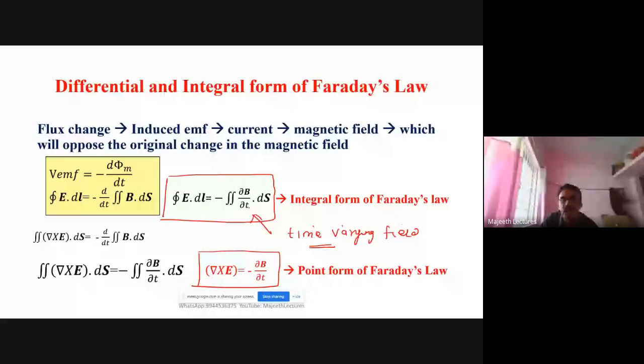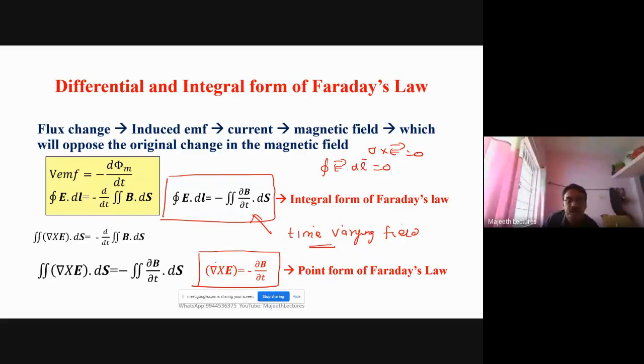Here you see time varying field because B is magnetic field that is changing with respect to time. That is time varying field. So you see already we studied E dot dl is equal to 0 or del cross E is equal to 0. Right? Here Faraday says that del cross E is equal to minus dou B by dou t.